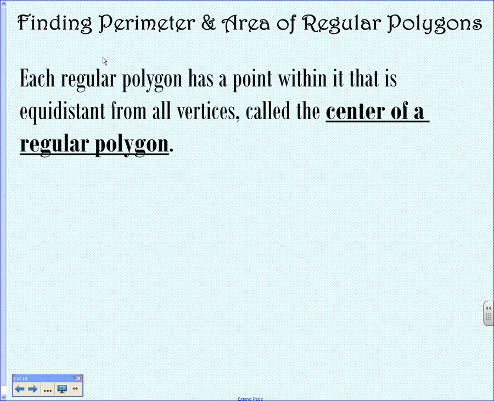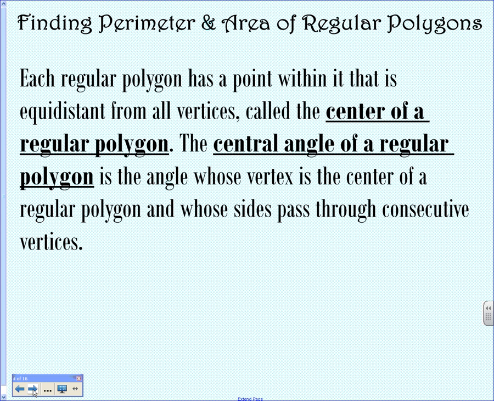Just like a circle has a center that's equidistant from the sides, the center of a regular polygon is equidistant from all the vertices. The central angle of a regular polygon is the angle whose vertex is the center of a regular polygon, and the sides pass through consecutive vertices.